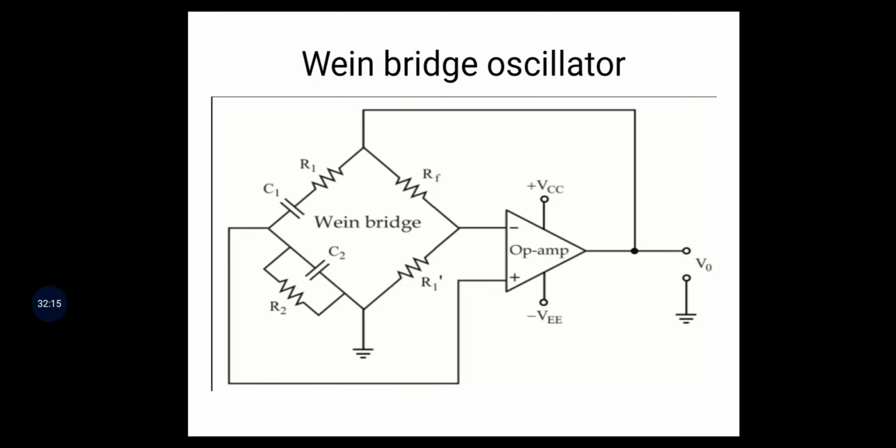It is operated in the audio frequency range. In this circuit, we use the op-amp and the Wien-Bridge. It has four legs: R1C1, RF, R1, and R2 in parallel with C2. Here the output voltage is V0.